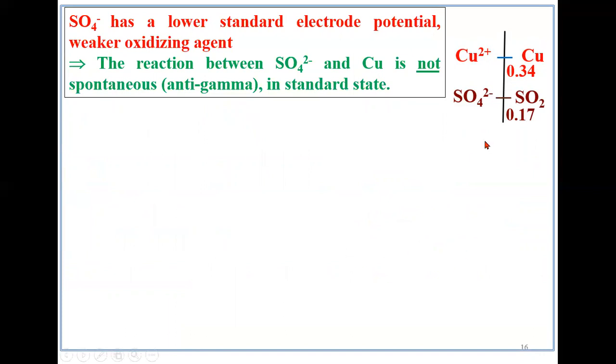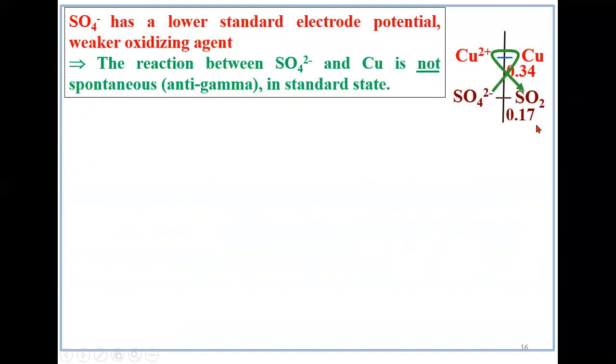The next part is they wanted you to write the reaction between the sulfuric acid, which is SO4 2 minus in acidic medium, with copper. This is in the anti-gamma direction, and therefore it is not a spontaneous reaction.